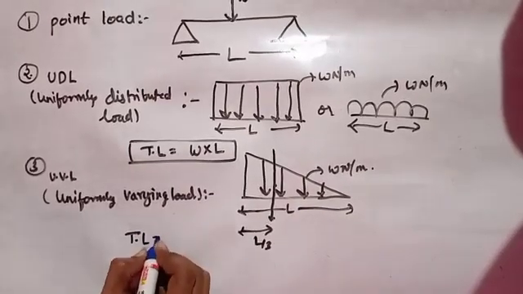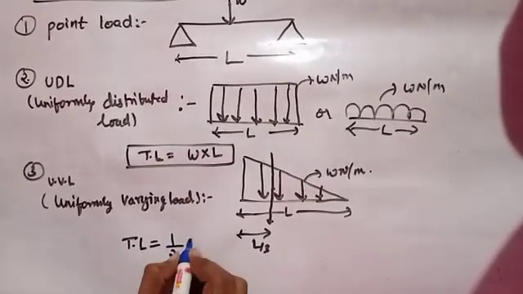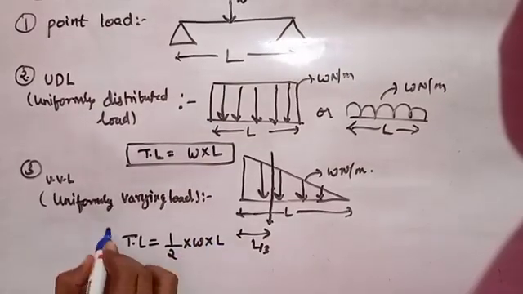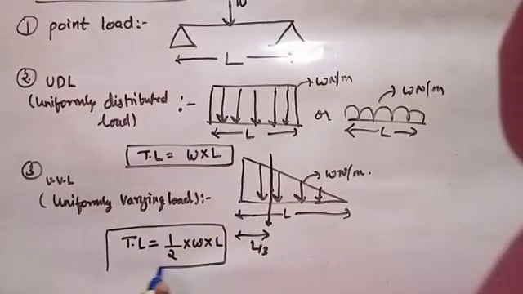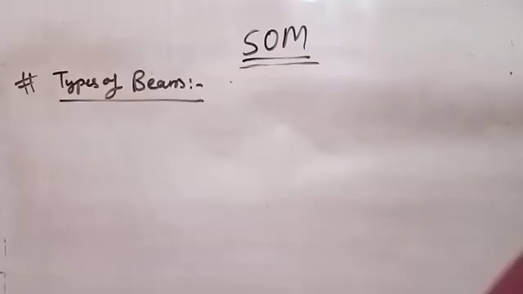The formula of total load is equals to 1 by 2 into W into length, just like the area of triangle.